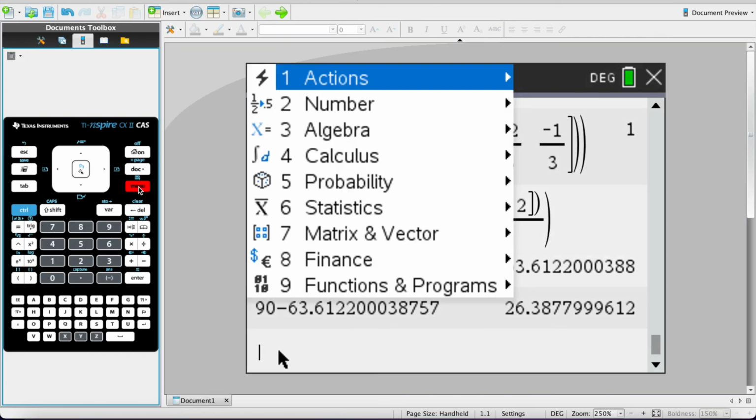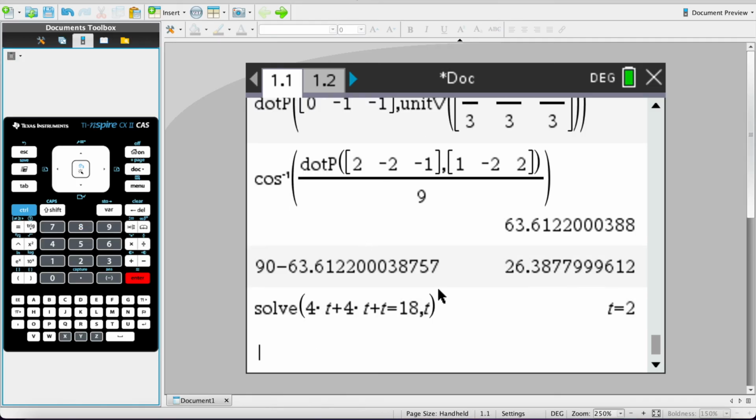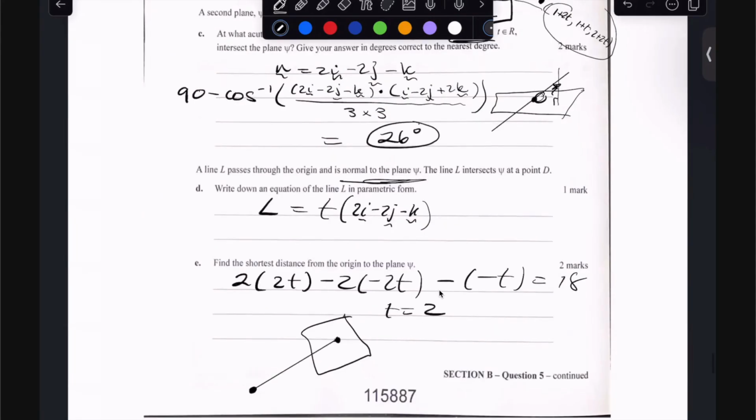So 4t plus 4t plus t is equal to 18. That just means t is equal to 2. So t is equal to 2, so you can now get the point just by subbing that back into there.